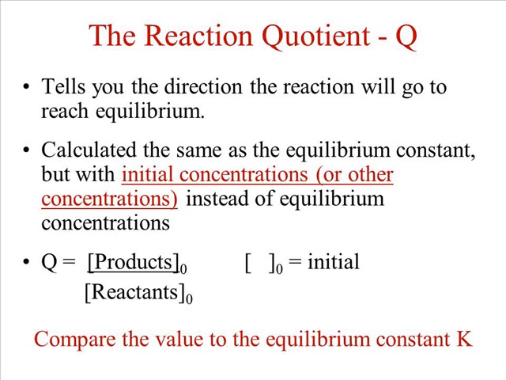So now Q is still equal to products raised to the power of the coefficients over reactants raised to their power, but notice the little subscript 0 there, meaning the initial concentrations. So you can calculate Q and compare it to K to determine which direction your reaction is going to go in order to reach equilibrium.